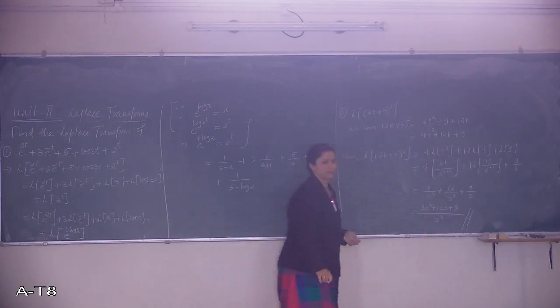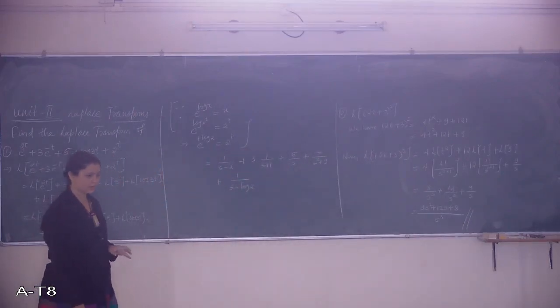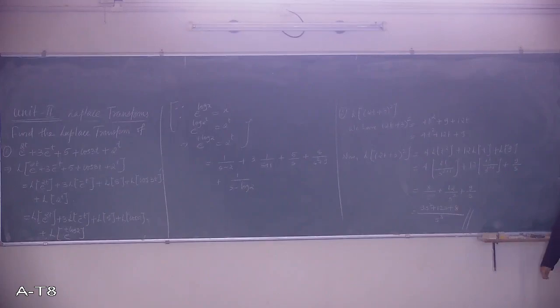So this is the Laplace transform of the given function 2t plus 3 the bracket square. Okay, is it clear? Next example.